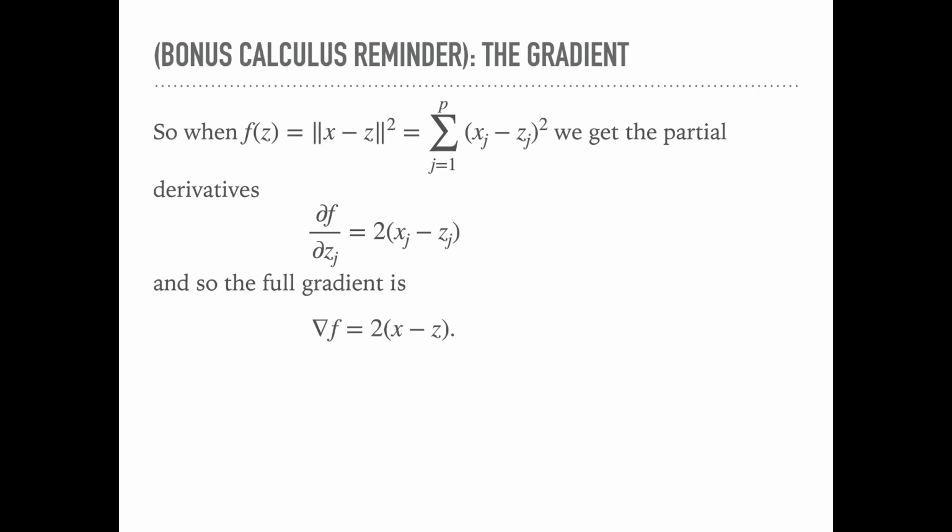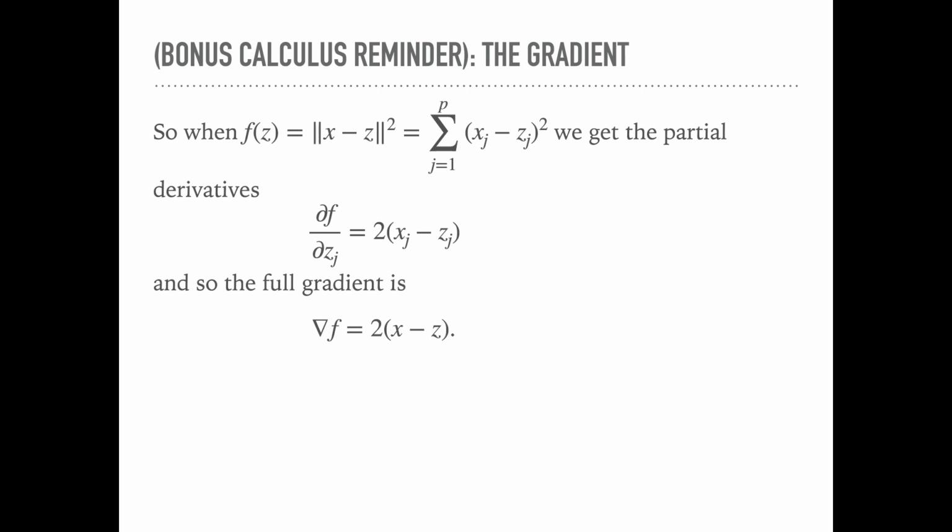So just to remind you about maths, if we have a function f(z), which is the norm of x minus z squared, which is the sum of xj minus zj squared across all of the components, then we get the partial derivatives df/dzj. Well, we don't really need any of the ones except for the jth one because they're all constant as far as this partial derivative is concerned.